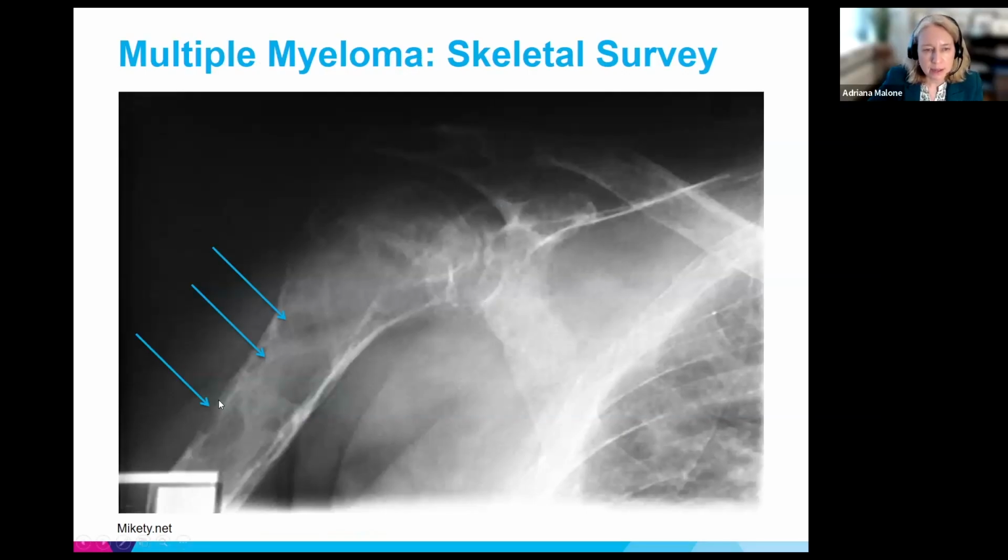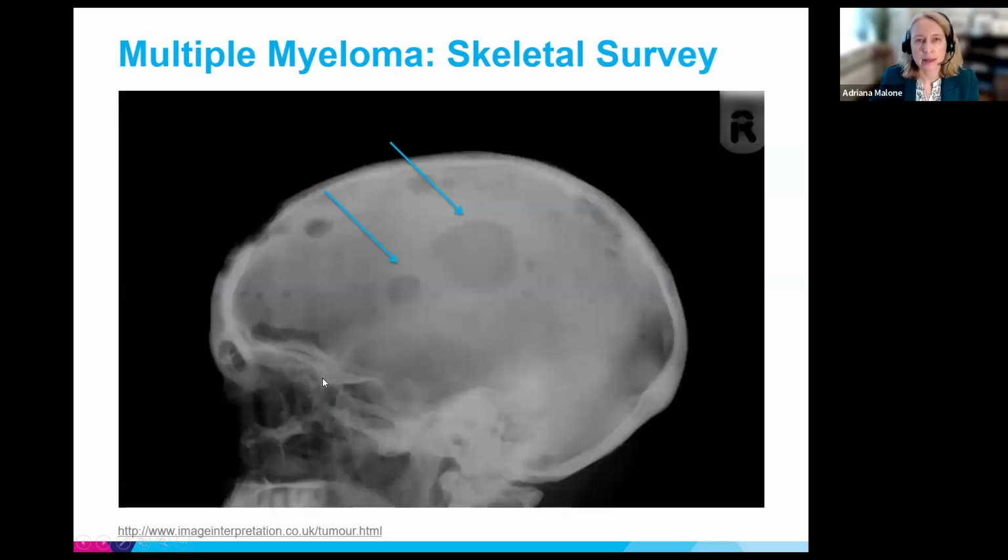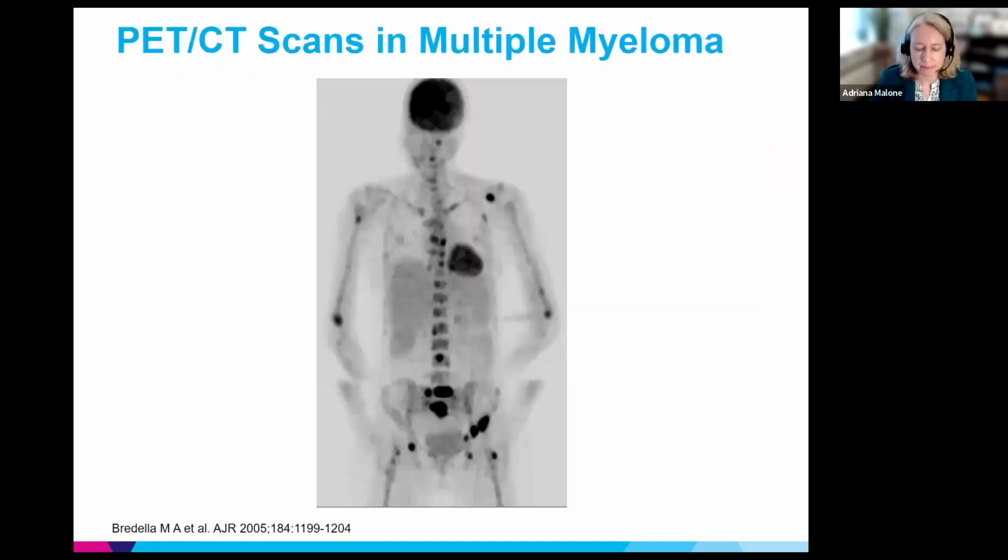You can see these punched out lytic lesions throughout. And on the skull, we can also see that there are lesions of various sizes that appear as if someone punched out these lesions. This is often considered a Swiss cheese appearance of a skull in a patient with multiple myeloma.